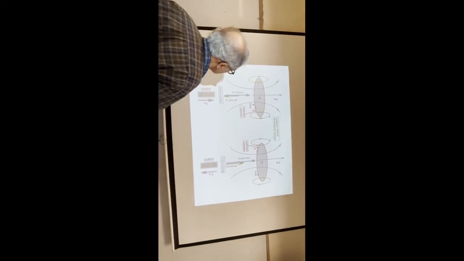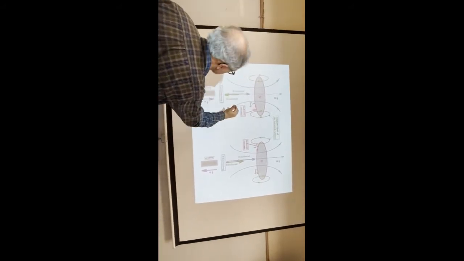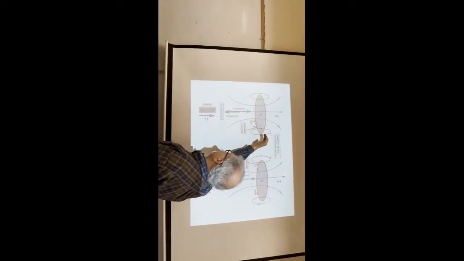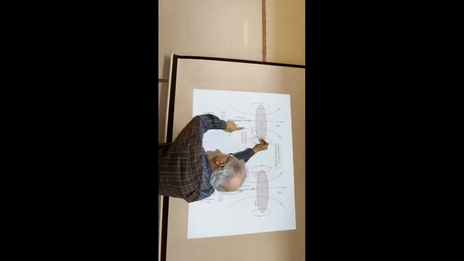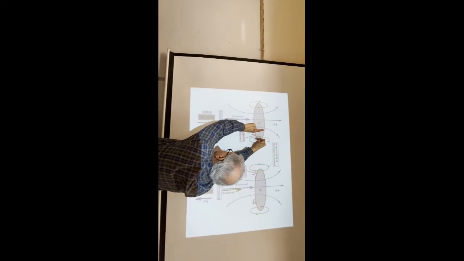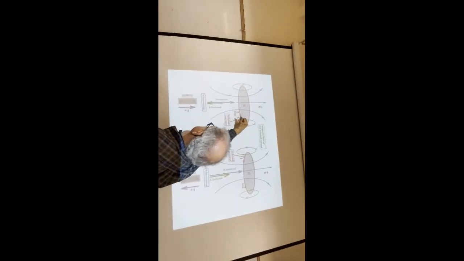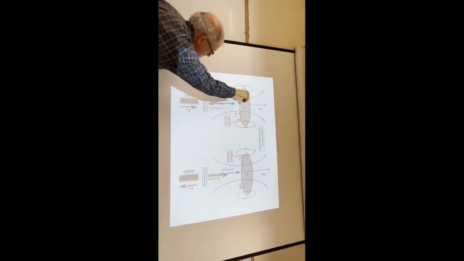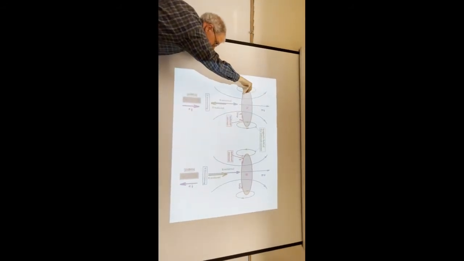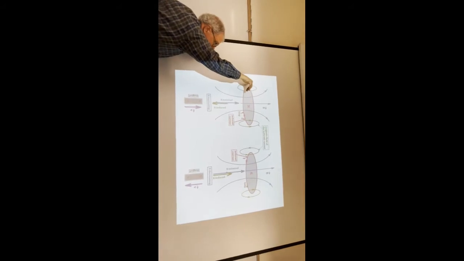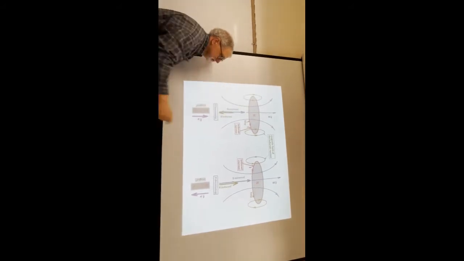I'm going to do this over here because it won't break my arm. If the field is this way, it's going to make a field in the other direction, which will make the current flow around like this, right?